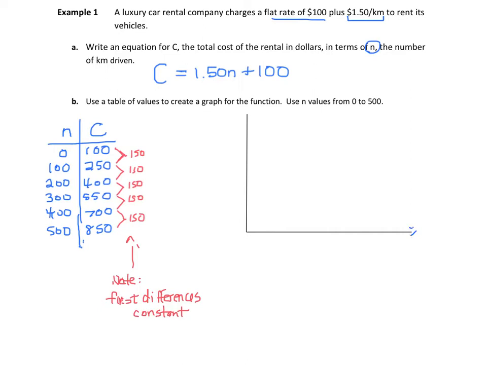So we're going to plot n, our number of kilometers, along the x-axis, and c, our cost, along the y-axis. We need our n values to go from 0 to 500, and cost goes up to 850.